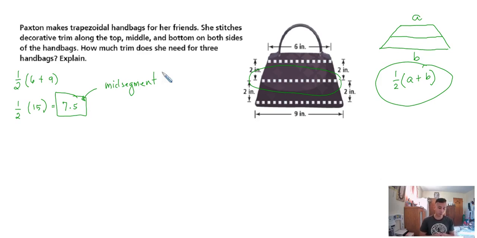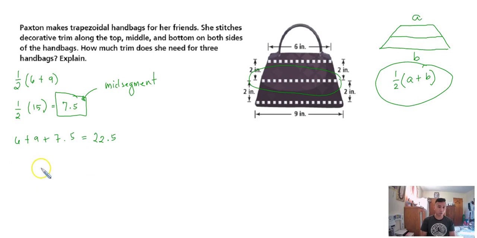Second step is to find the amount of trim that she needs. First, find the amount on one side. You just add them together: 6 plus 9 plus the mid-segment, which is 7.5. That's 15 plus 7.5, which is 22.5. Then you multiply by 2 for the sides per handbag and by 3 for the number of bags.